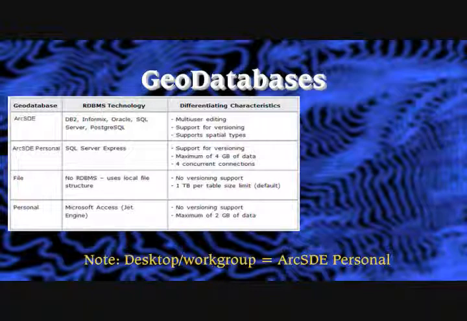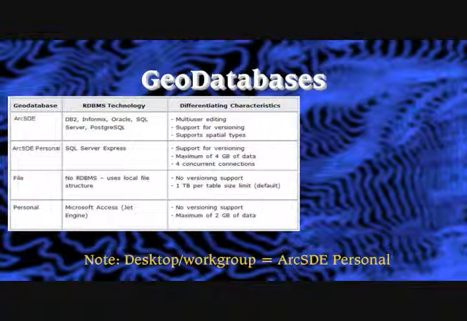so it can be very, very large type of geodatabase. Then we have ArcSDE Personal GeoDatabase, and that's built on the free Microsoft SQL Server Express database. This does support versioning and will work pretty well for small work groups.